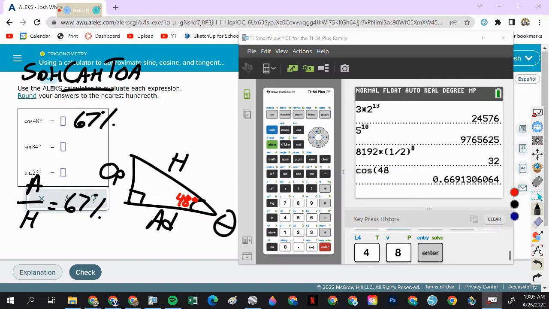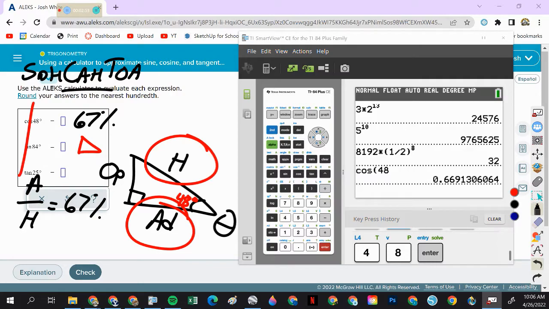Now, that's true for little triangles. That's true for big triangles. As long as this angle is 48 degrees, then the ratio is 67%.